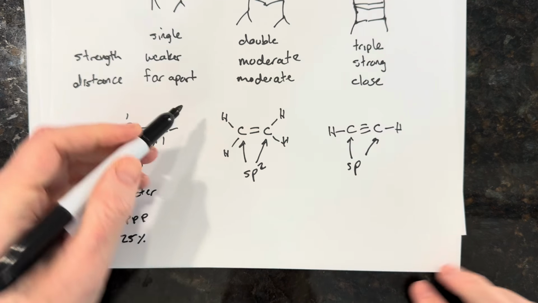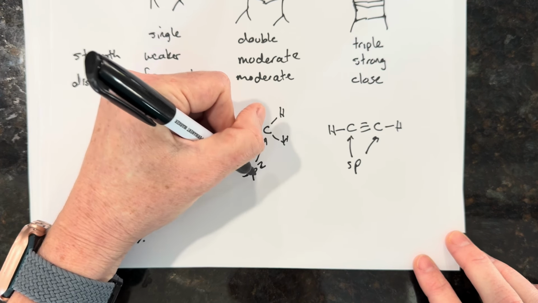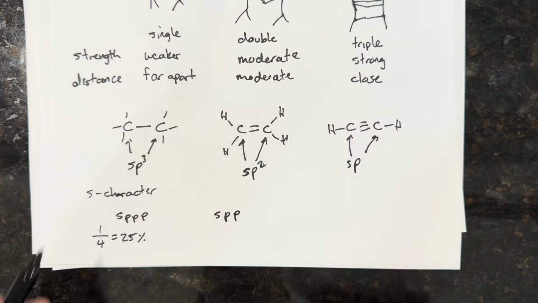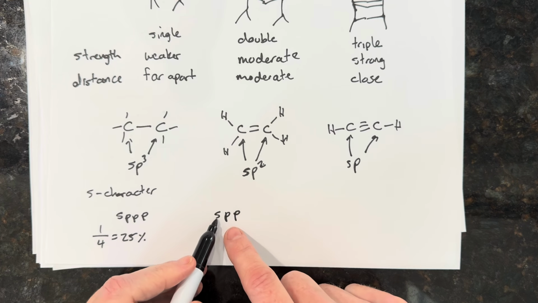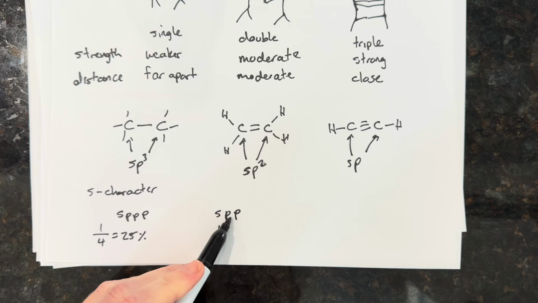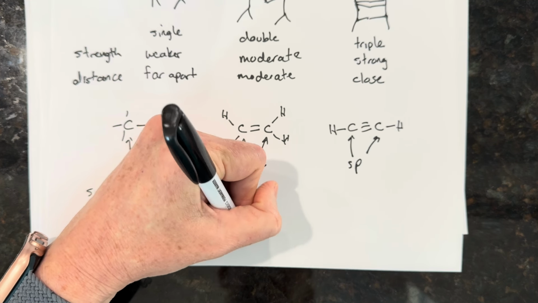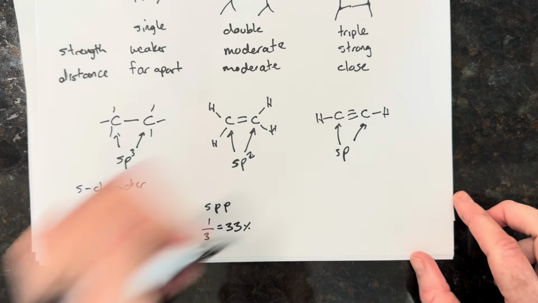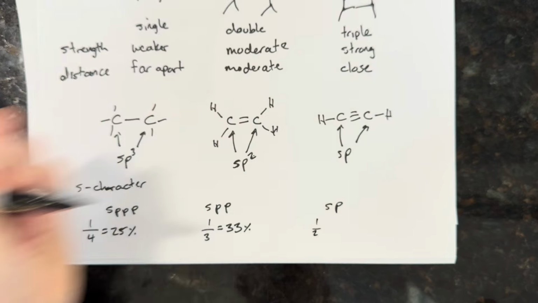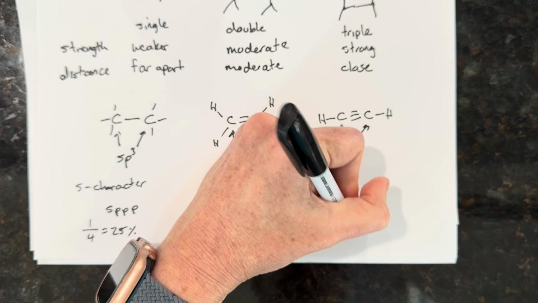But over here, looking at this carbon and that carbon, there's an S and 2 P's for each carbon. This would be 1 out of 3 because there's one S out of every 3 letters. In other words, 33%. And then over here we had an S and a P, which would be 1 out of every 2 letters is an S, which would be 50%.